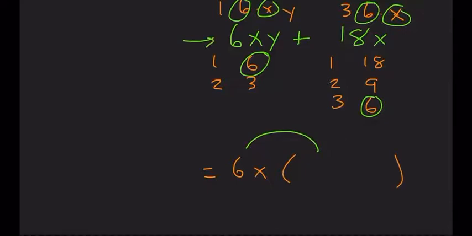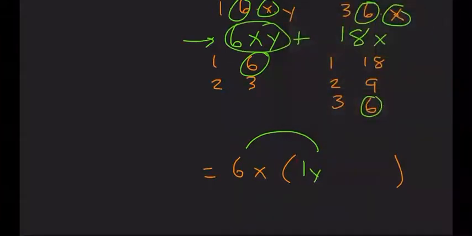So focus on the number. 6 times what number gives you 6? That'd be a 1. If you multiply 6x times 1, that gives you 6x. But we want 6xy. So we still need that missing y. And again, all you need to do to get that y is just tack it on here.